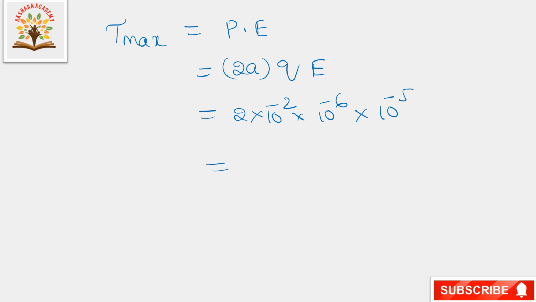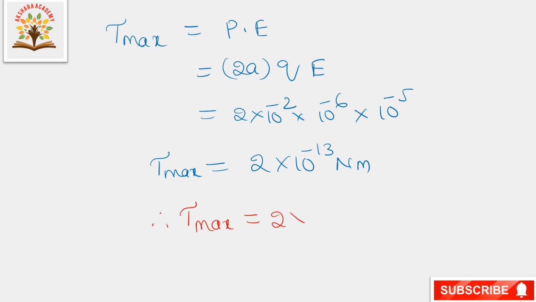So this can be written as 2 into 10 to the power of minus 2 minus 6 is minus 8, minus 8 plus 5 is minus 3. So 2 into 10 to the power of minus 3 Newton meter. This is the maximum torque. So therefore maximum torque is equal to 2 into 10 to the power of minus 3 Newton meter.